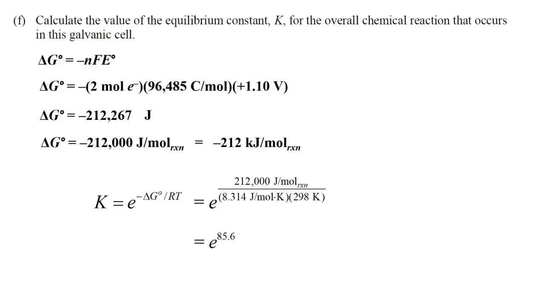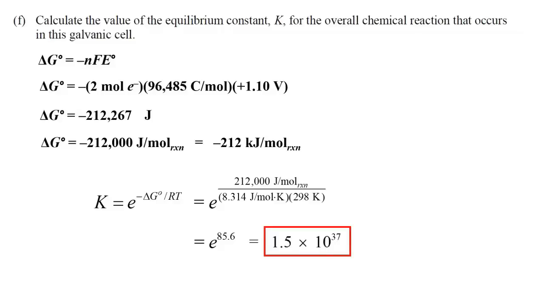So we're expecting the value of K to be a really large number here. This reaction is thermodynamically favored, and so it's going to give us a rather large value for the equilibrium constant. e, the base of natural log, raised to the 85.6 power, gives me my answer. So it's going to be 1.5 times 10 to the 37.